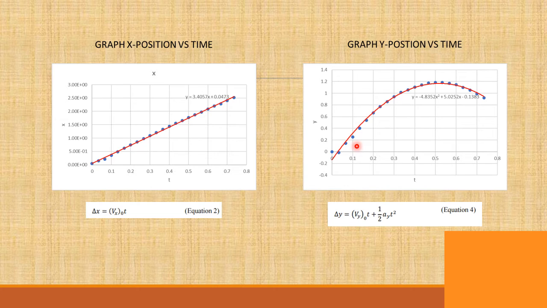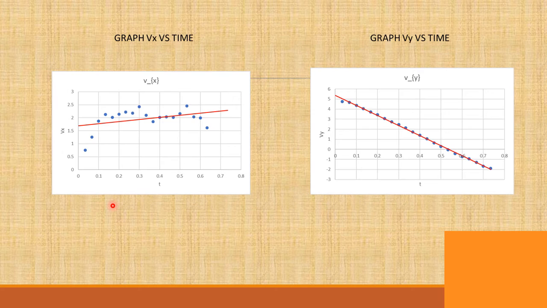And for the yt graph, the graph is polynomial because the ball travels in projectile motion in the y component. We can also get delta x and delta y using equation 2 and equation 4. Tracker software also gives data Vx and Vy.